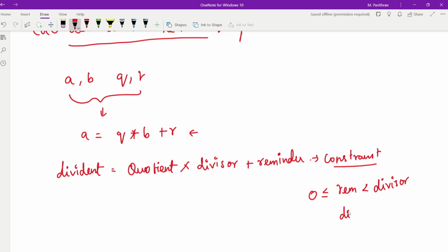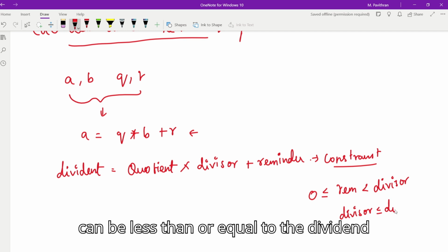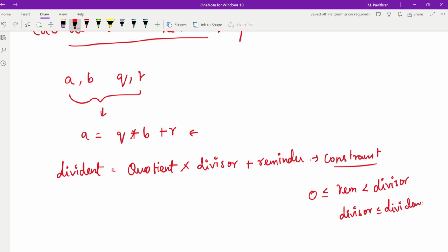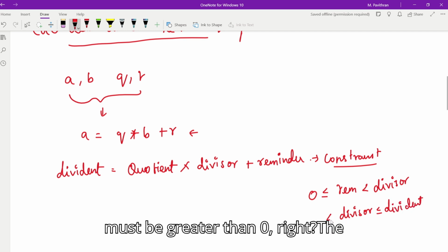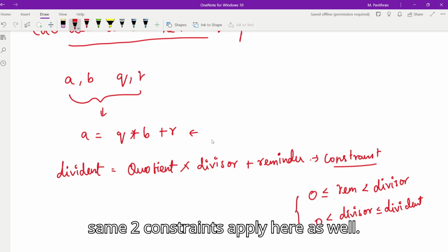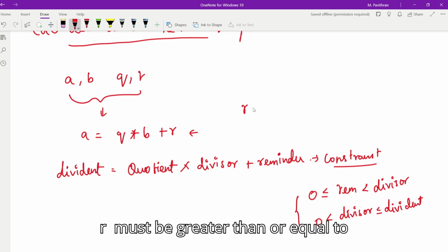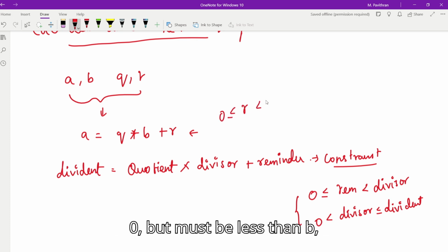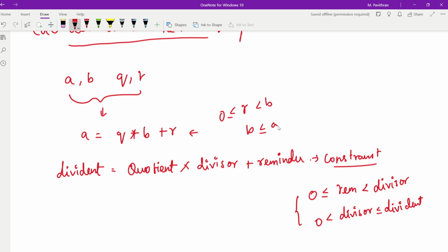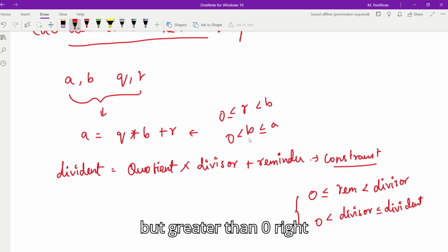And the divisor can be less than or equal to the dividend but must be greater than 0, right? The same two constraints apply here as well. r must be greater than or equal to 0 but must be less than b, right? Then b must be less than or equal to a but greater than 0, right?